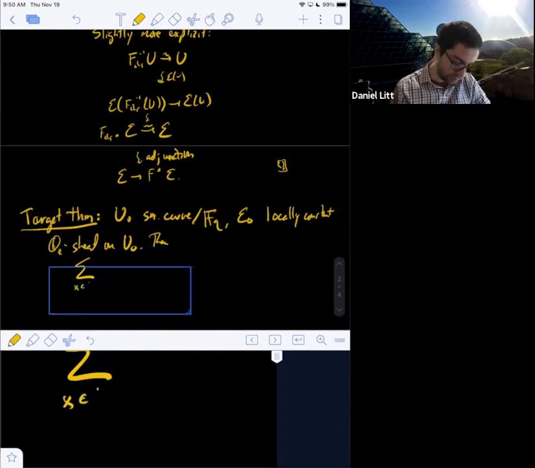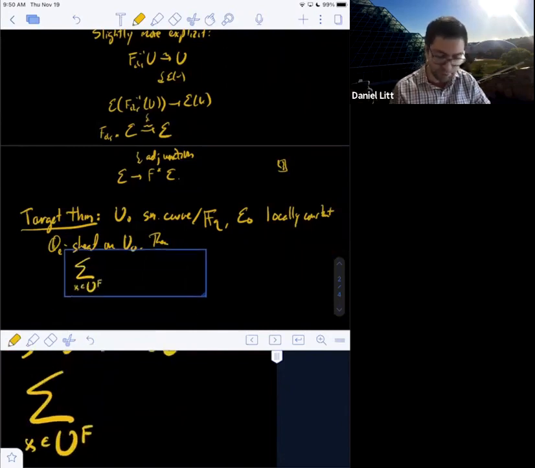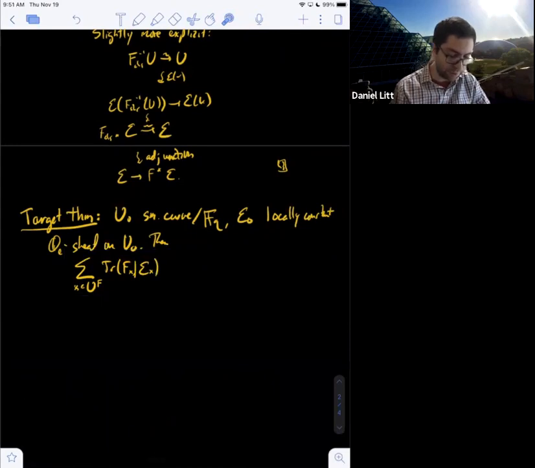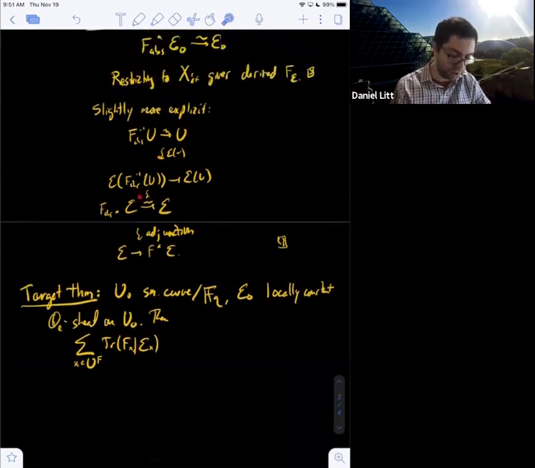So the sum over x in U fixed by relative Frobenius of the trace of F_x on E_x, we now have these maps from this discussion.